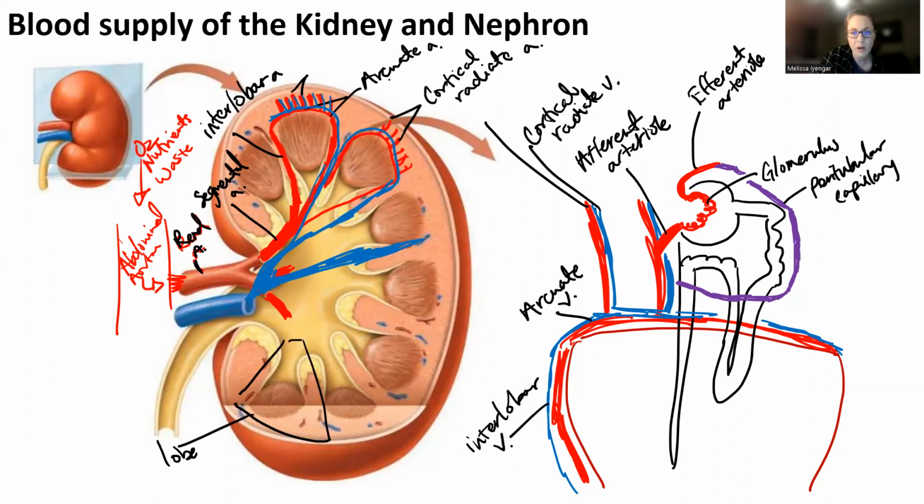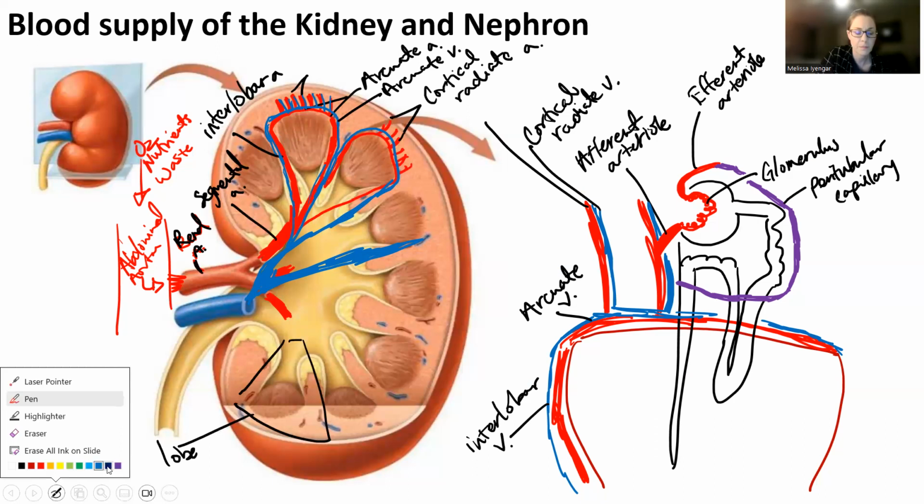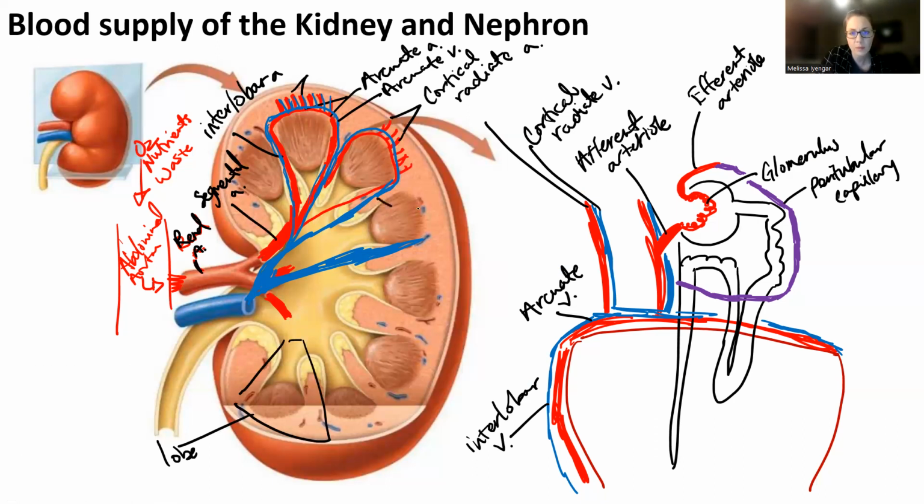So here we have our arcuate artery, we have our arcuate vein, like that. And then where we have our interlobar artery, we would essentially have an interlobar vein as well. So we could just continue drawing a vein right there. So you could label that one, but I'm just going to label this one over here. I'm going to say that's the arcuate vein.